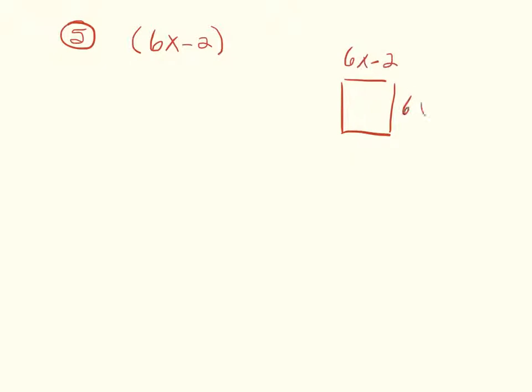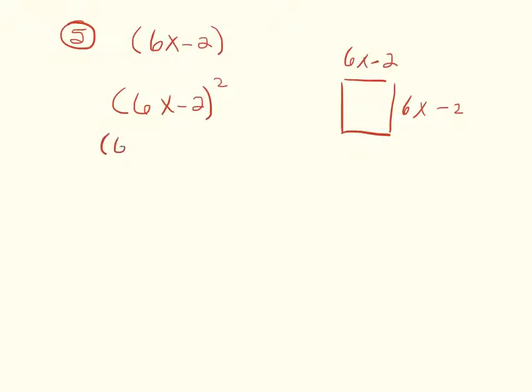Alright, problem number 5. What's the area of a square? And they tell you how big a side is. Well, a square has all sides the same length, and to get area, I multiply length times width, or it's just a side squared.